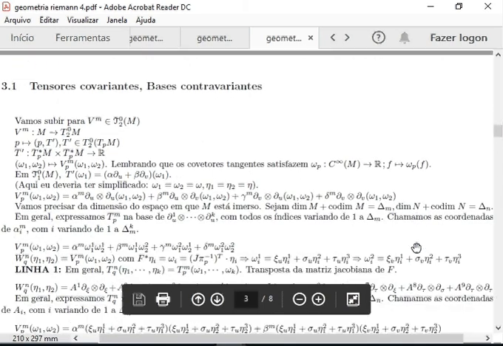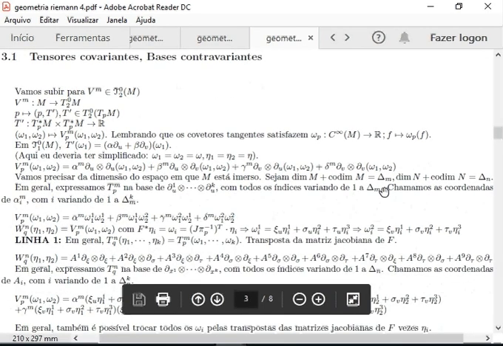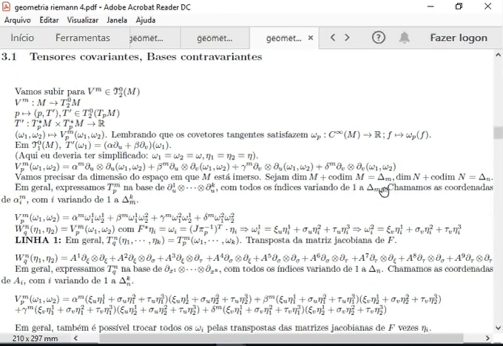What about L greater than 0? Let's go up to Vm in T2 0m. Vm is an application from M to T2 0m. It maps a point P to the same P and T line. T line is in T20 TPM.